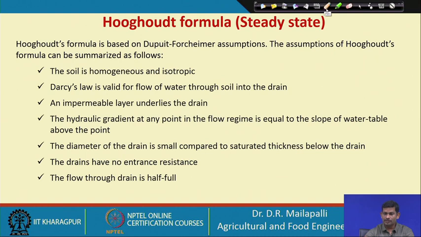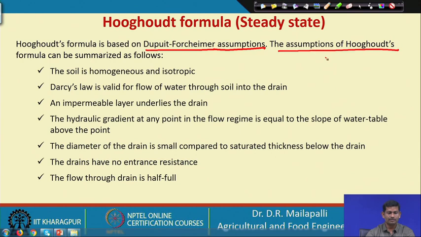Okay. So, the Hooghoudt formula here is based on Kirkham-Forchheimer assumptions. The assumptions of Hooghoudt's formula can be summarized as follows. The soil is homogeneous and isotropic, that means the aquifer or soil properties will not change with distance, direction or time.